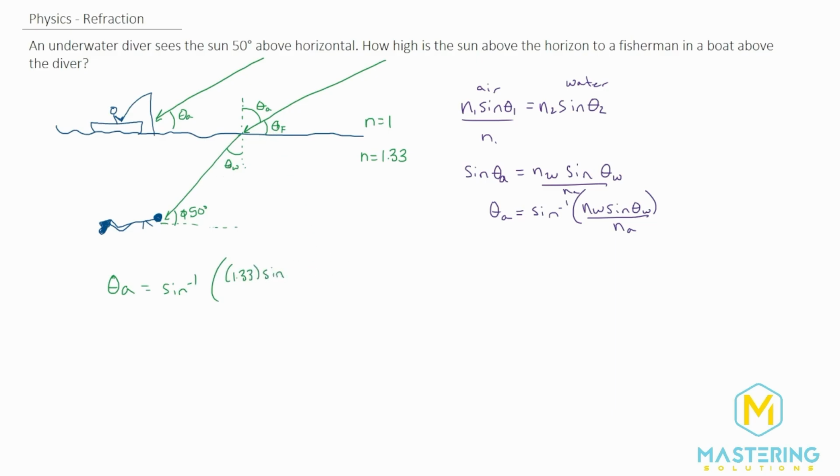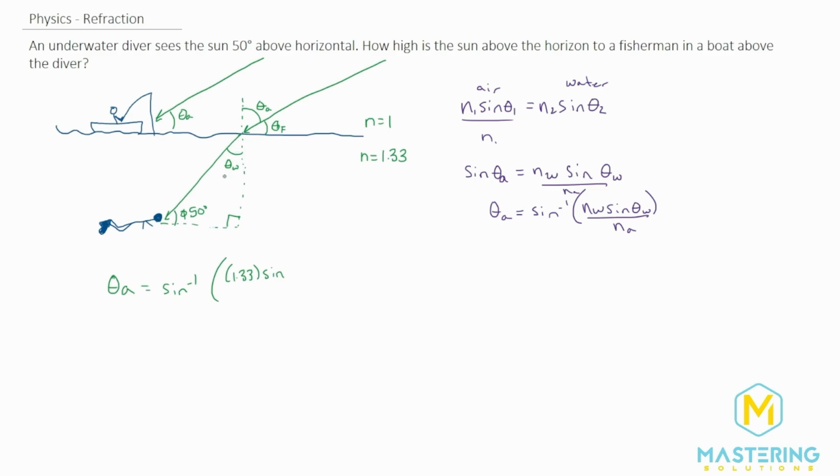And they say that this angle is 50 degrees here, but that's not the angle that we need to put in because we have a right triangle. So this is 90, 50. So we need these two to add up to 90 so that the whole triangle here adds up to 180. So 50 plus 40 would be 90.